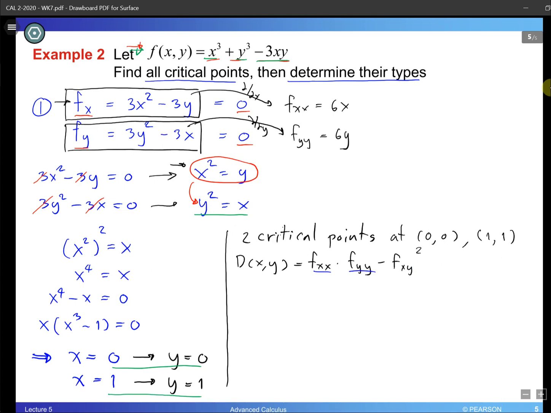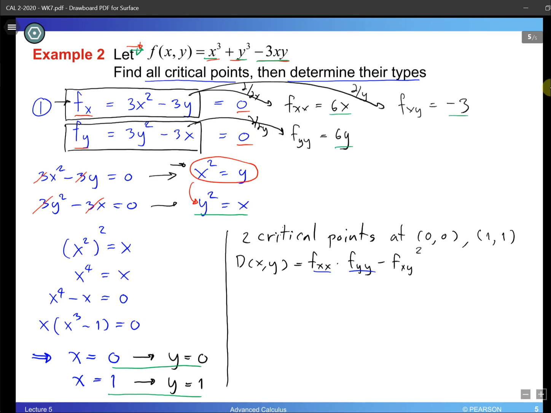Now, fxy, I need to differentiate this first one with respect to y again. And I get minus 3. fxy equal to a constant of minus 3. So we are going to use all of them in the formula down here.